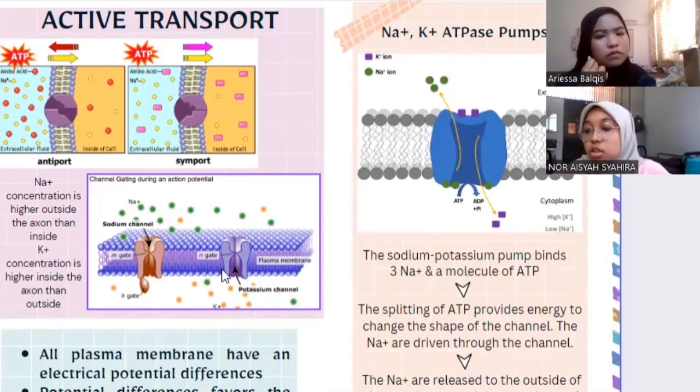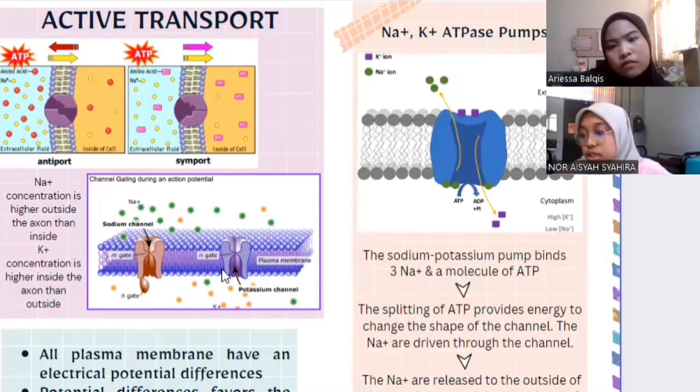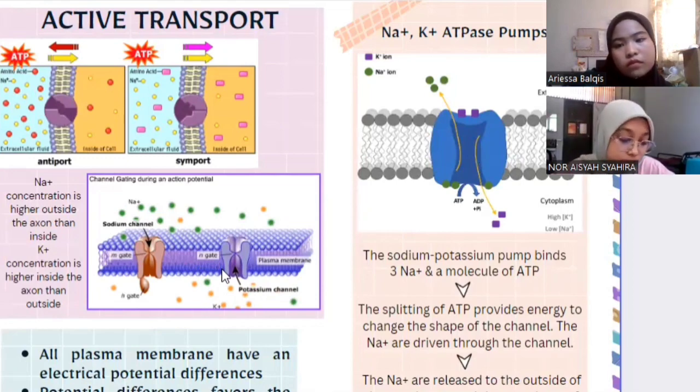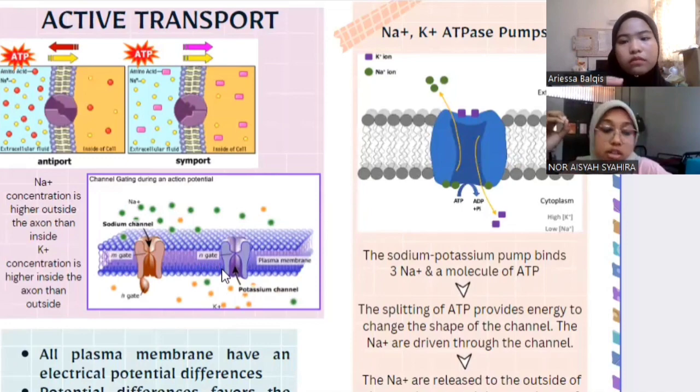So cells also require transport proteins that will actively pump certain solutes uphill against their electrochemical gradient. This is known as active transport and is always mediated by carrier protein. Uphill means the solute is moving from low to high concentration.